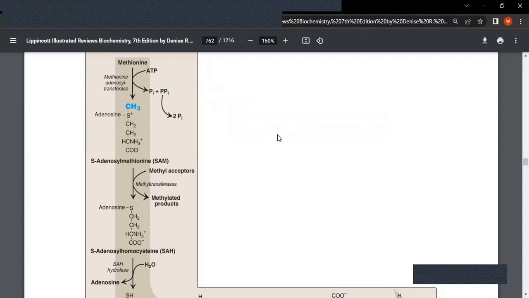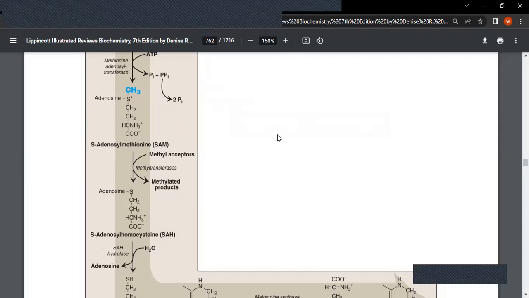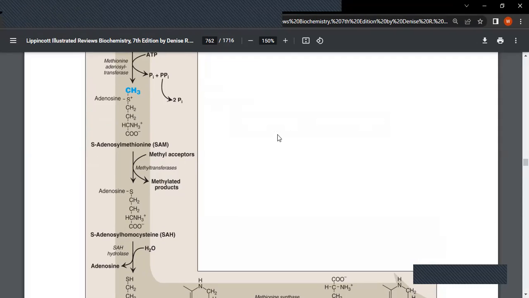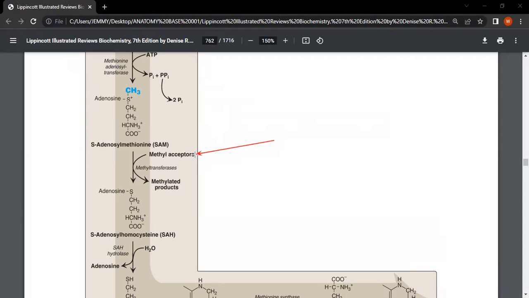After forming your S-adenosyl methionine, this is the one which will catalyze methylation reactions, where we add methyl groups to a methyl acceptor. A methyl acceptor can be anything that just wants to be methylated.